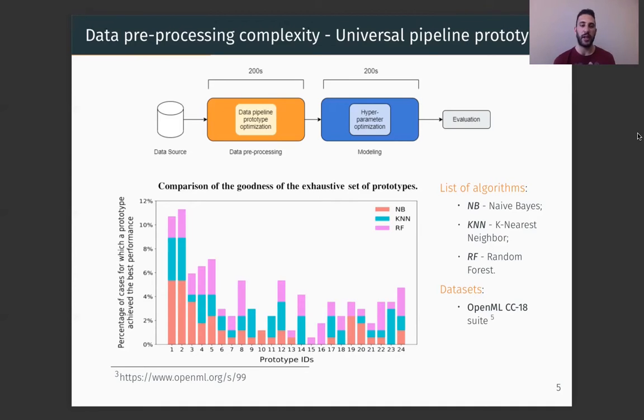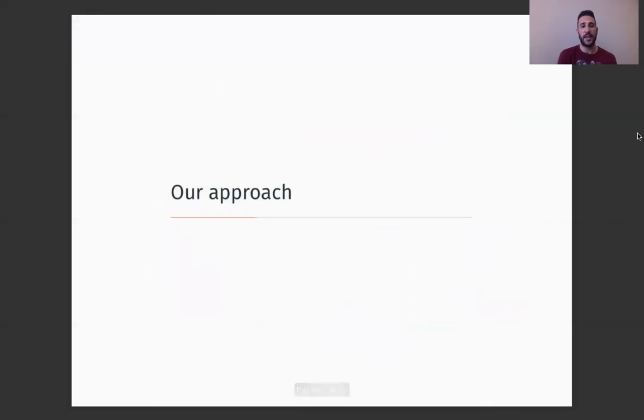And secondly, there are too many prototypes to optimize if you want to select the best one. Indeed, for 60 datasets, 3 algorithms, 24 prototypes, and 400 seconds per run, these experiments took more or less 20 days. So let's understand how we tackle this problem.